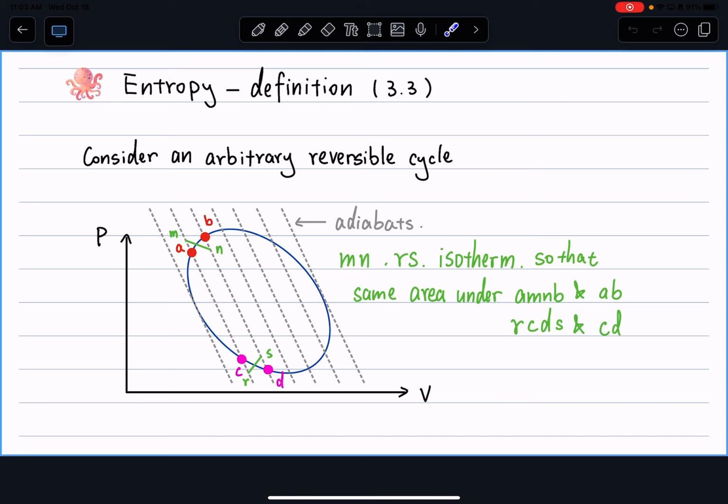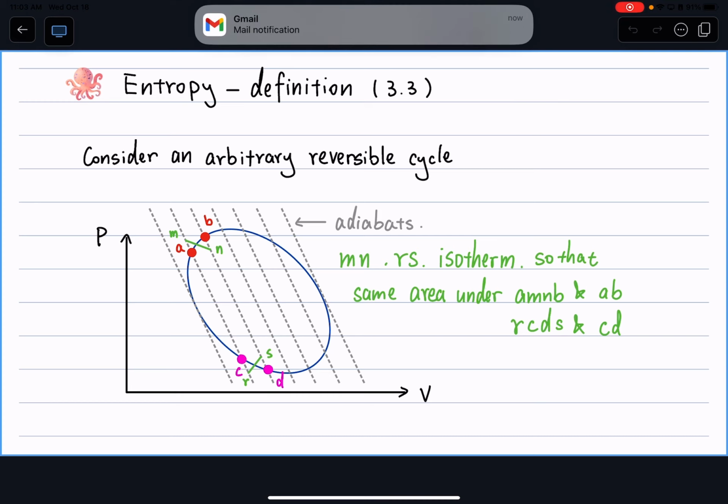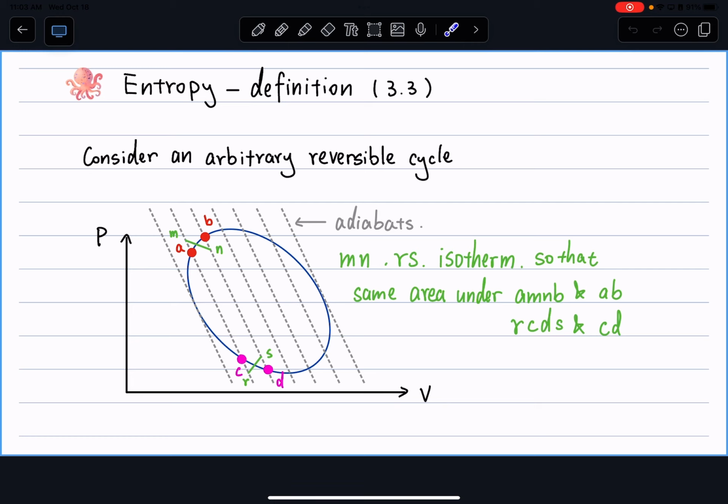At the same time, we can also find pairs of isotherms. The gray one is the adiabat curve, which we defined. The blue one is the reversible cycle, and the green ones are called isotherms. It means that along the green line they have the same temperature.